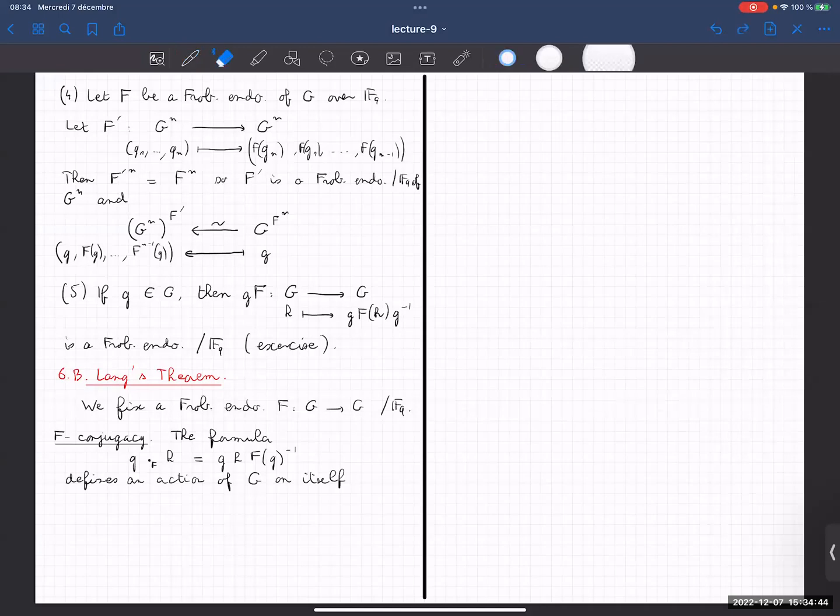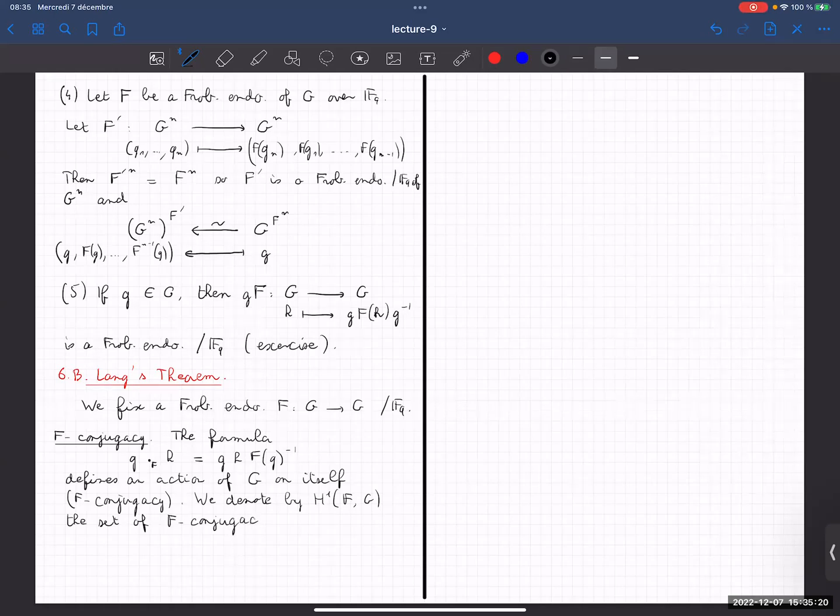And this action is called the action by F-conjugacy. And we denote by H^1(F, G) the set of F-conjugacy classes. Well, this notation comes from non-abelian cohomology, but you don't have to care about it. Just take it as a definition that H^1(F, G) is the set of F-conjugacy classes.